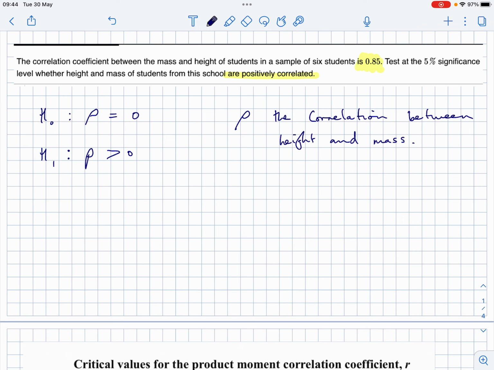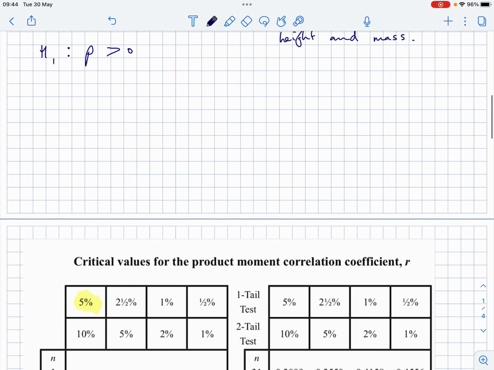We now would go on and actually do some kind of calculation in a normal hypothesis test. But because it's really complicated to do that calculation, they just want you to use a lookup table.